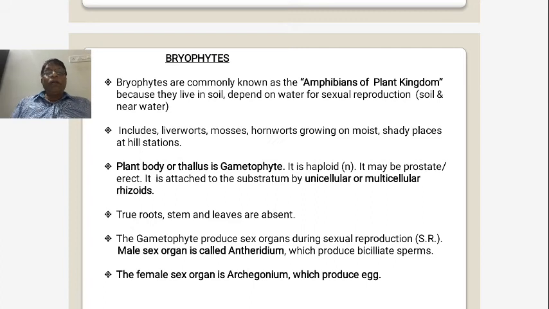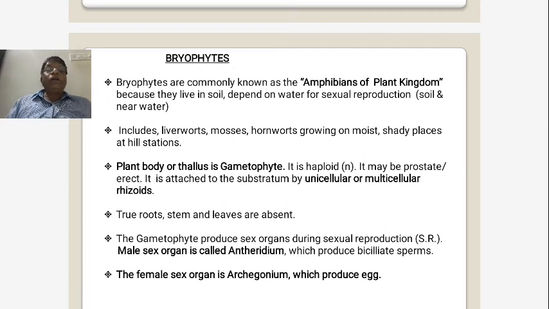Bryophytes are commonly known as the amphibians of the plant kingdom because they live in soil and also require water for sexual reproduction.